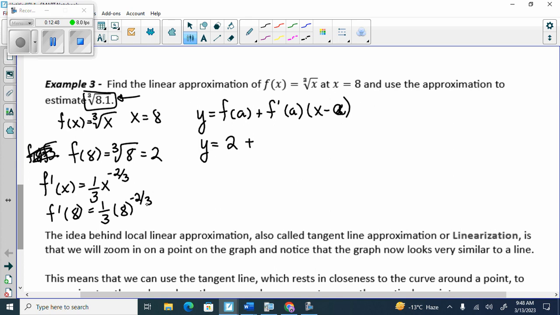Now, could I square it first, then take the cube root? Yes, but you're dealing with larger numbers. Why would you do that? That's crazy. So the cube root of 8 is 2. 2 squared is 4, and then it's negative, so it's a quarter. So we get 1/3 times a quarter, which is 1/12. There we go. So we get 1/12 times x minus 8, but we're going to fill in 8.1.